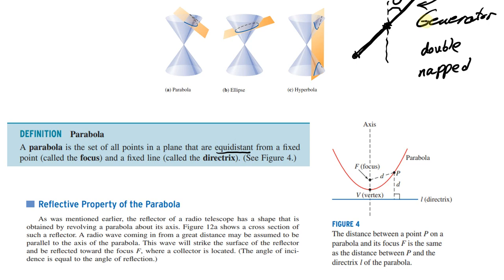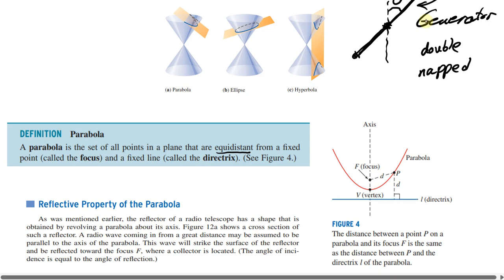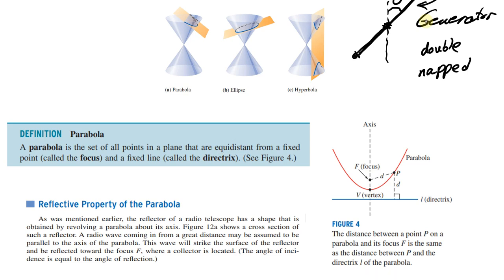Okay, and this is the figure that we're looking at. The fixed point that they're talking about here is this point. The directrix would be this line. Now, again, these are not part of the graph. These are more of a reference to significant portions relative to the graph. The graph itself is that.